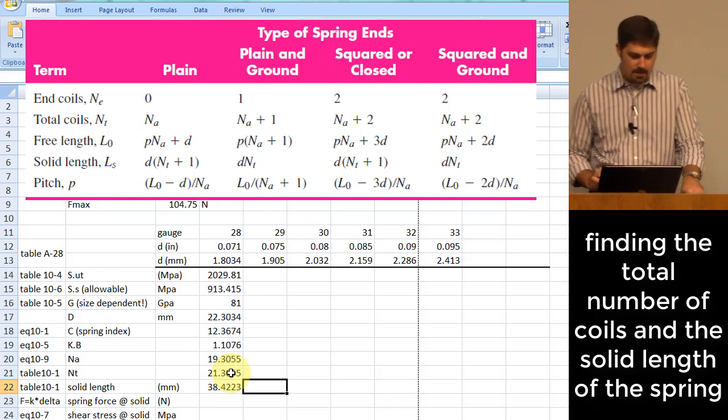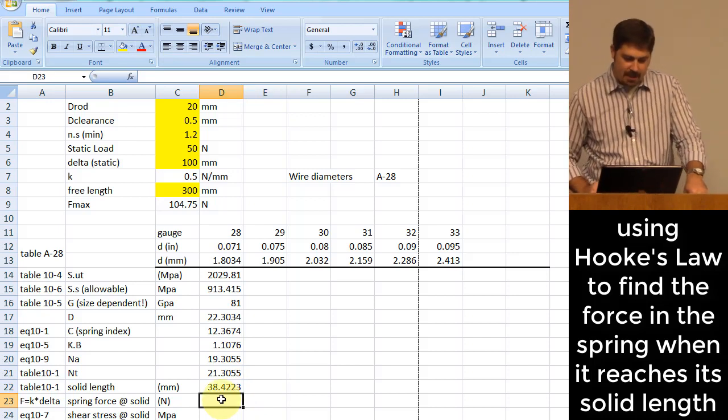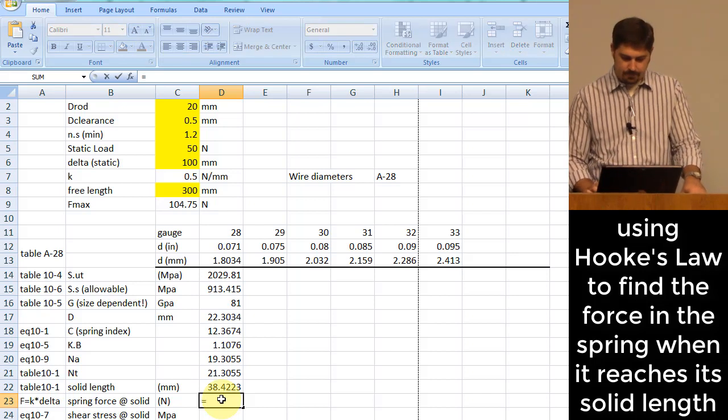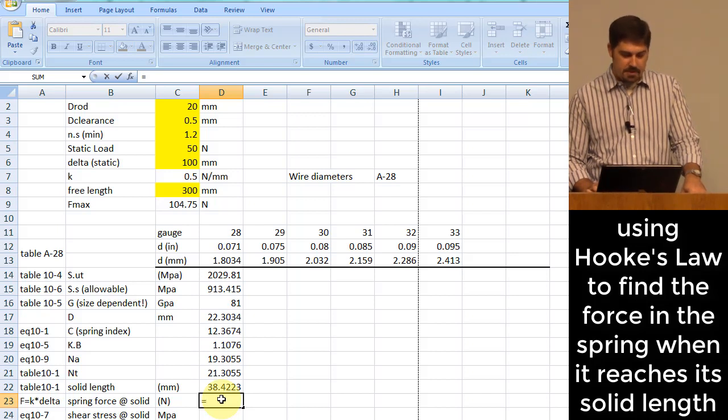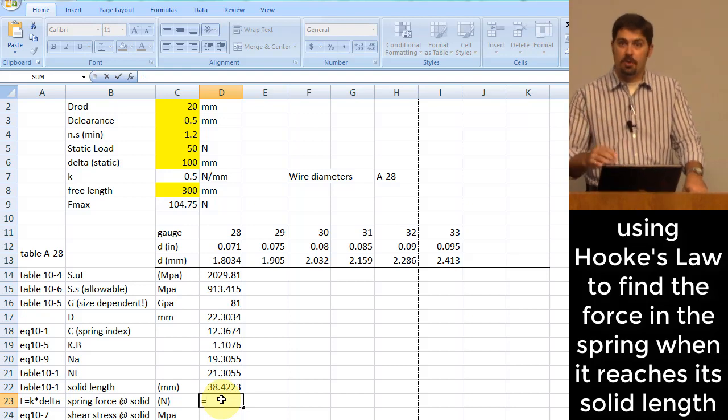Well, how do I then go about finding my spring force at solid length? Right, so this is just our spring constant, or our Hooke's law equation.